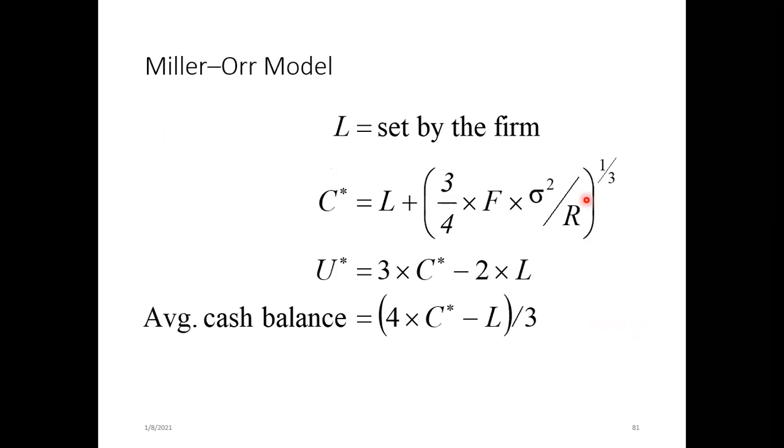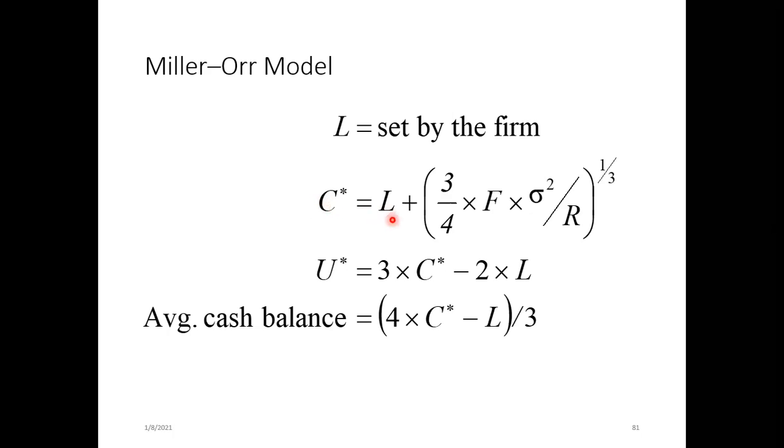So this is the Miller-Orr model formula. L is the lower limit, normally set by the firm, by the management. And C is the return point. Return point means the optimum cash balance.